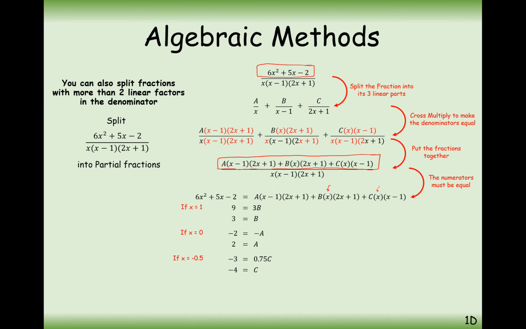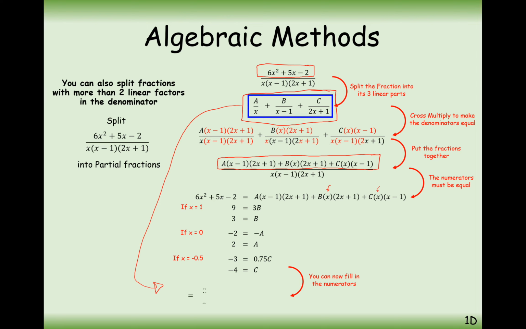So all that's left for us to do now is go back to the original partial fractions that we split it up into and substitute in the values of a, b and c. So a went on the top of x, b went on the top of x minus 1, and c, minus 4, went on the top of 2x plus 1. So how would you write your final answer?